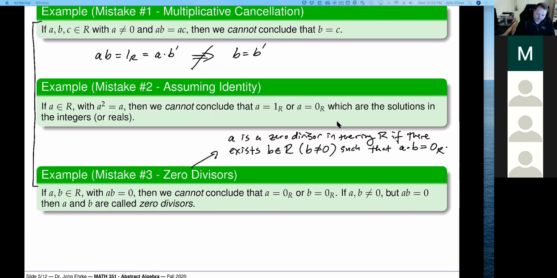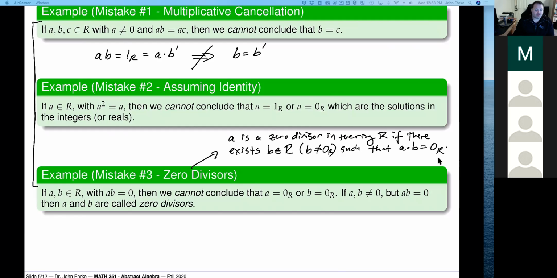So a zero divisor is any element of the ring that multiplies by a non-zero element and still gives you 0. Because typically when we think about the product of two integers being 0, we know that one of the two integers has to be 0. But in a ring, that does not necessarily have to be the case.